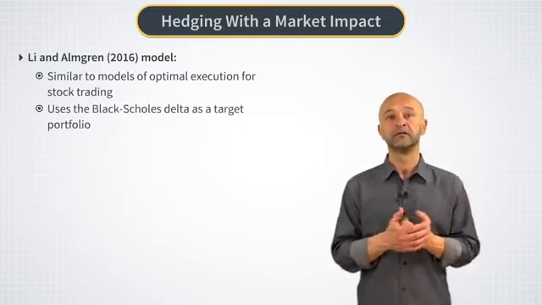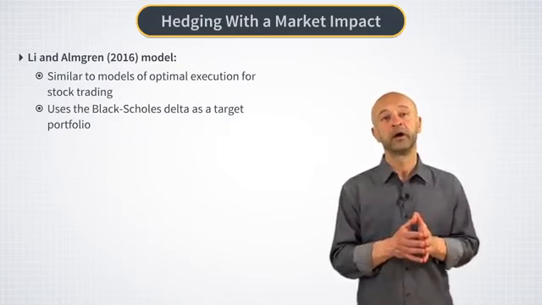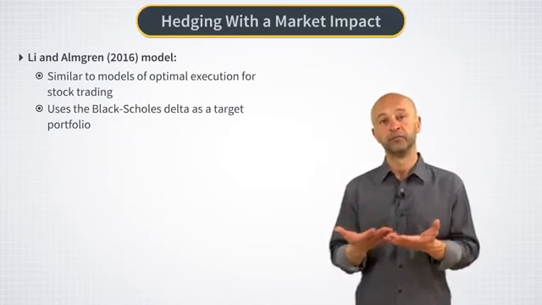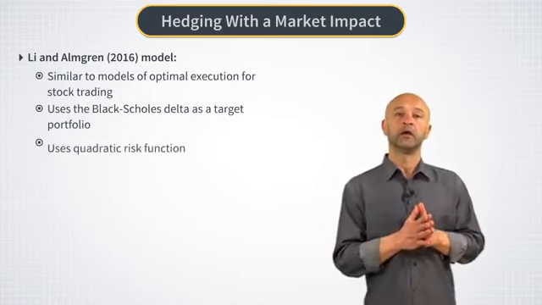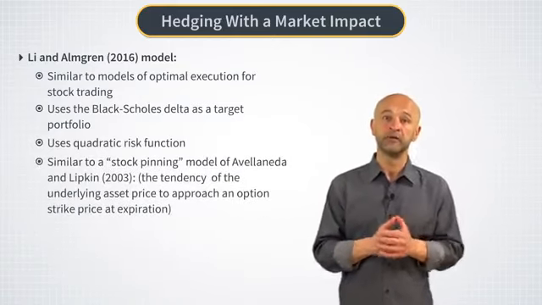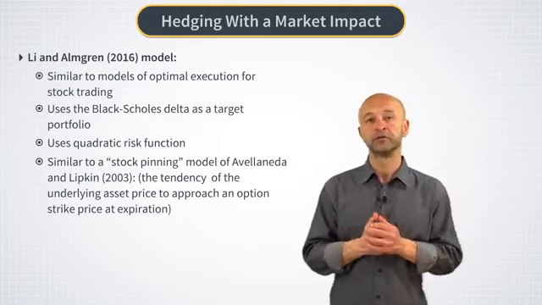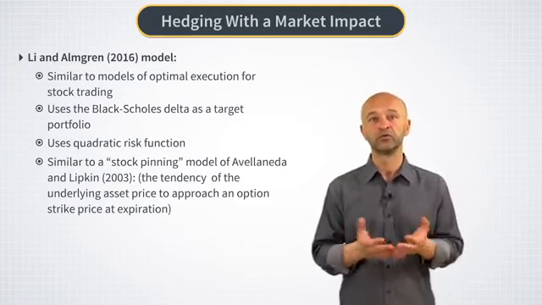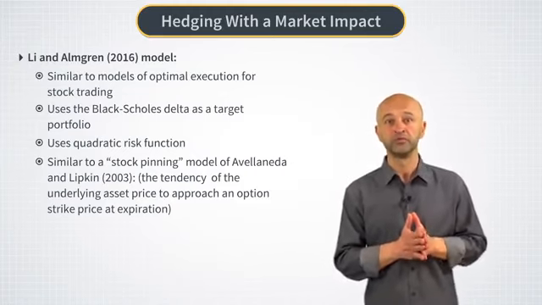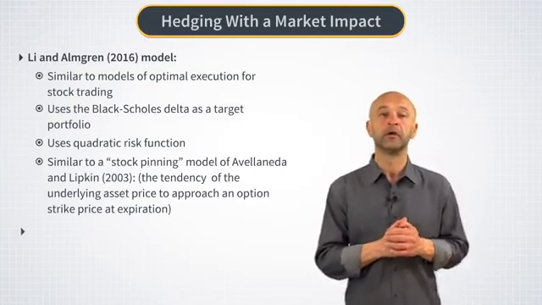In their setting, a target portfolio is defined by the value of the Black-Scholes delta. A risk function is quadratic and is based on a Markowitz-like mean variance analysis, the same approach that was used in the QLBS model that I presented earlier.